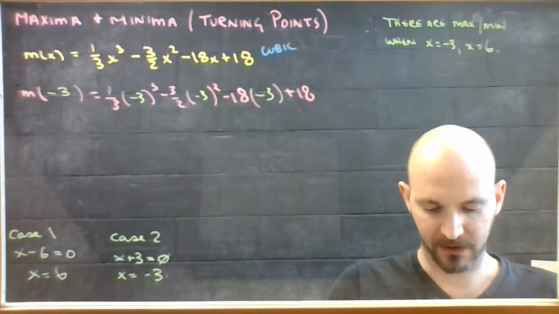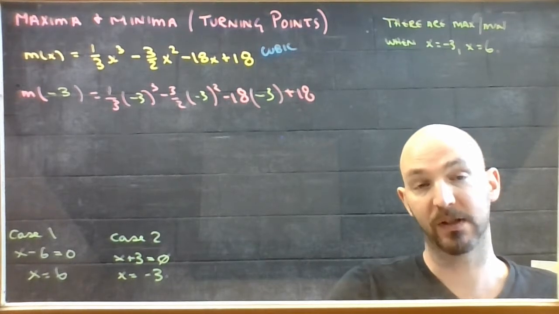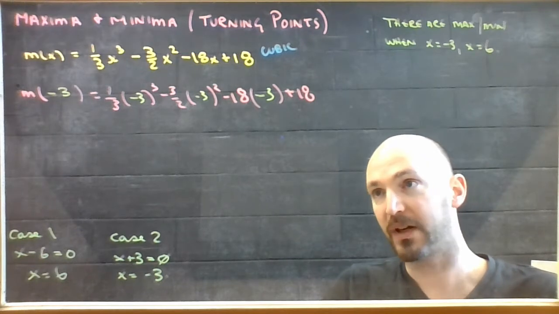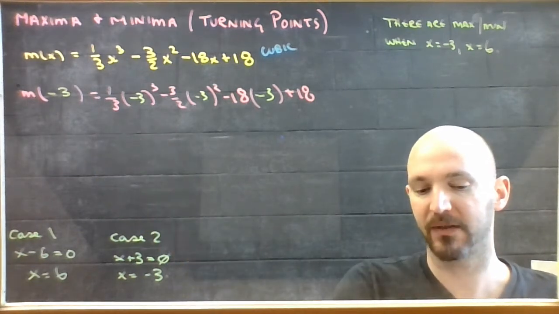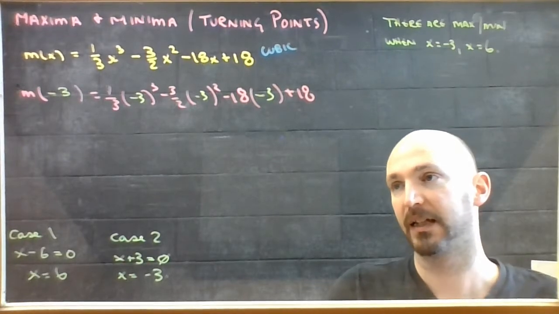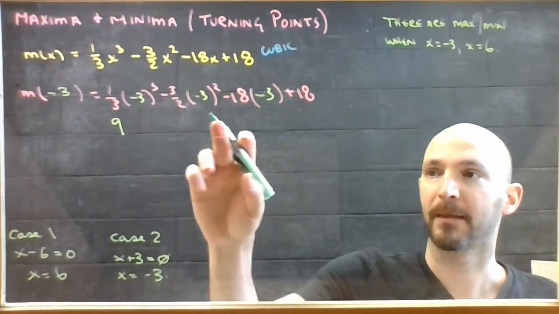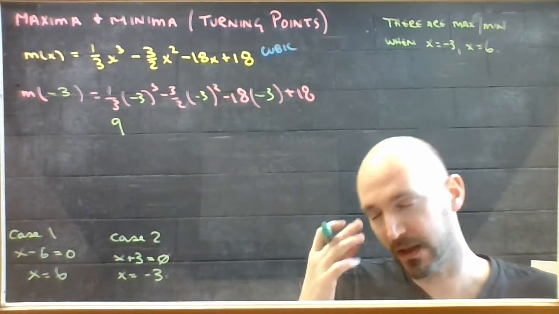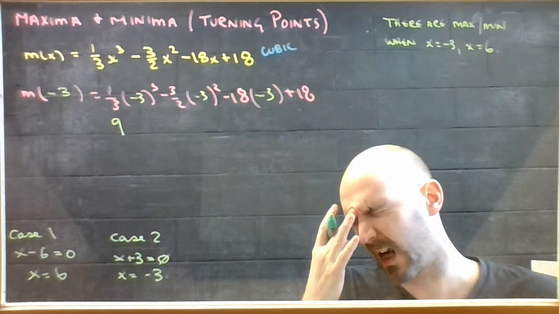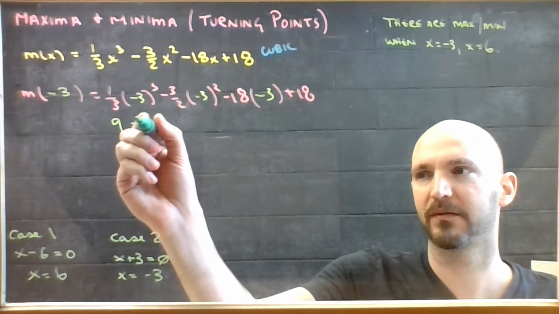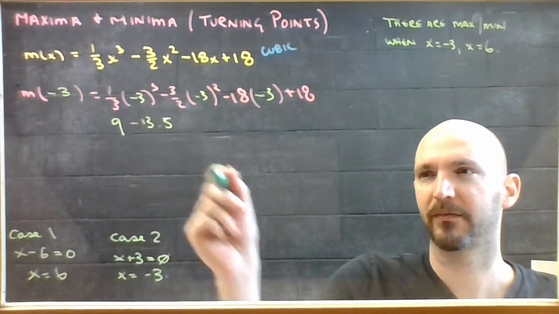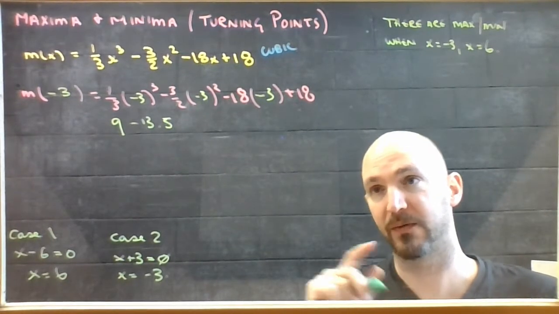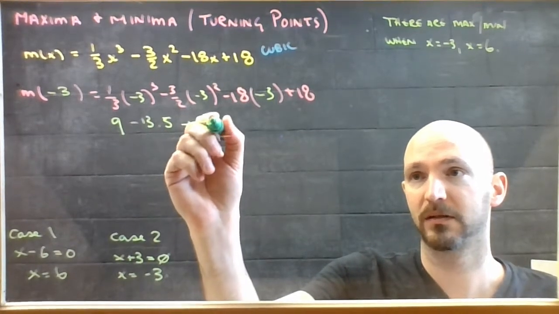So I'm just going to grab a calculator and I'm going to do that. And using proper calculator technique, I'm going to do it 1 term at a time. So 3 cubed is 27, and 27 divided by 3 is 9. Negative 3 squared would be 9, times negative 3 is negative 27. Negative 27 cut in half is negative 13.5. 3 times 18 would be 54, plus 18.